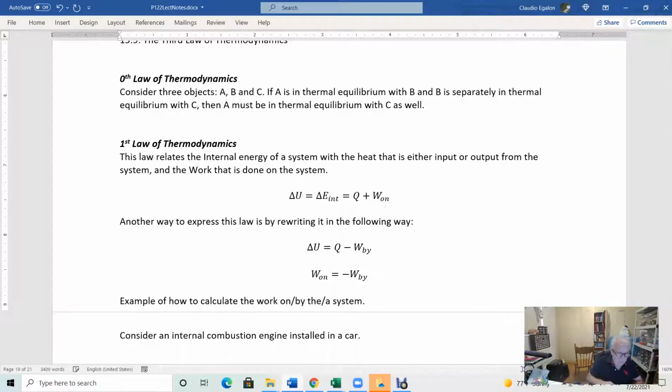Consider an internal combustion engine installed in a car as being your system.